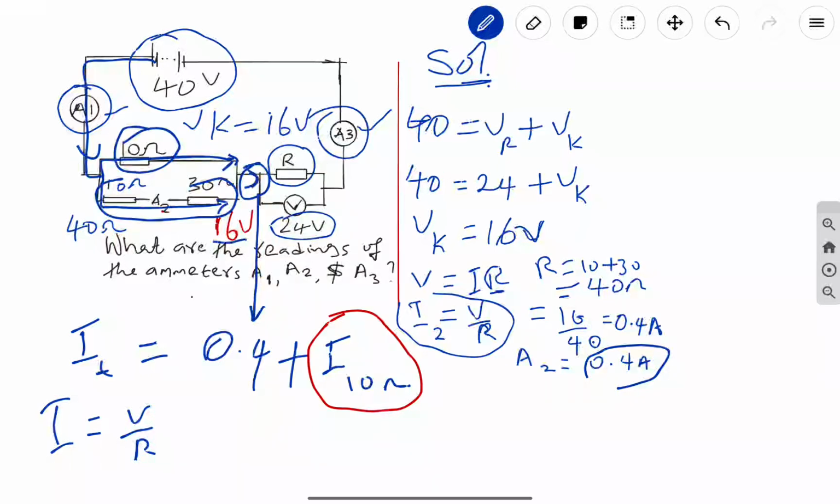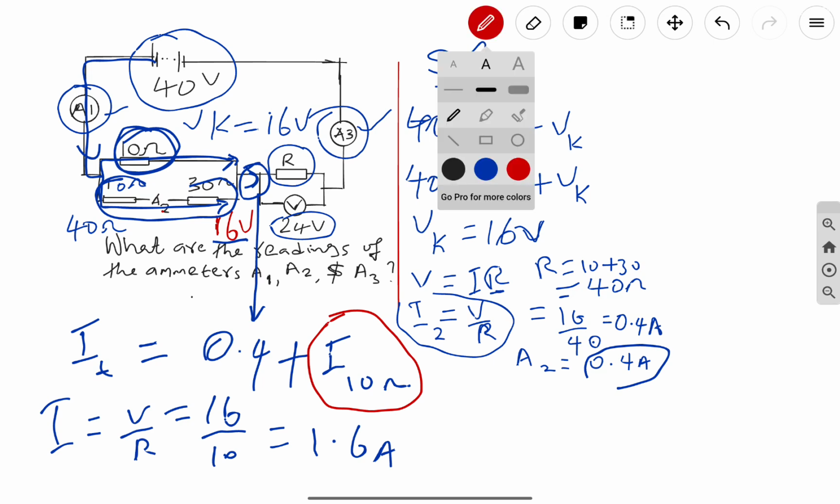So if 16 volts passes through this region, 16 volts also passes through the 10 ohm resistor. We divide 16 by the resistance of 10, which gives us 1.6 ampere.